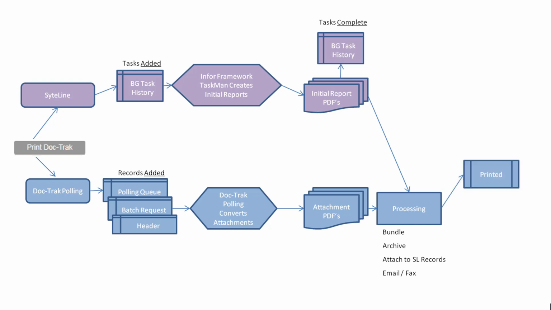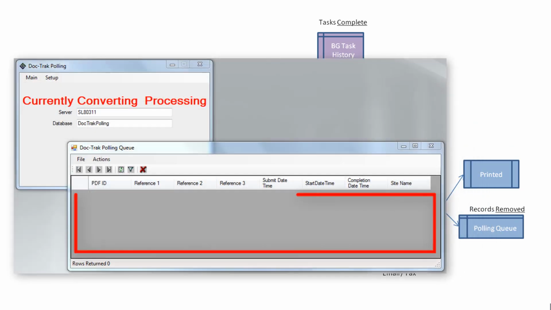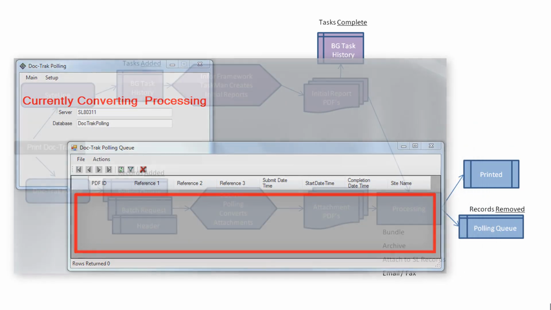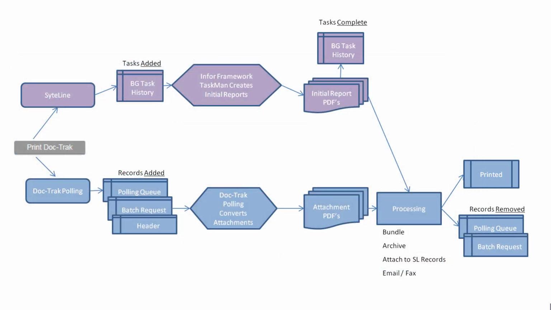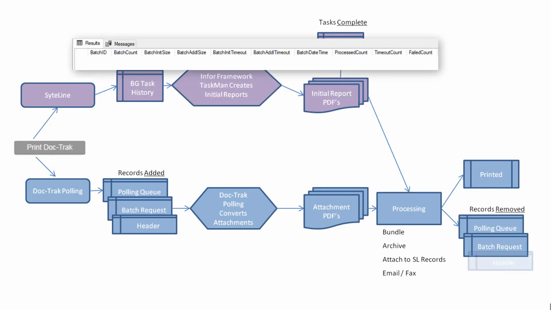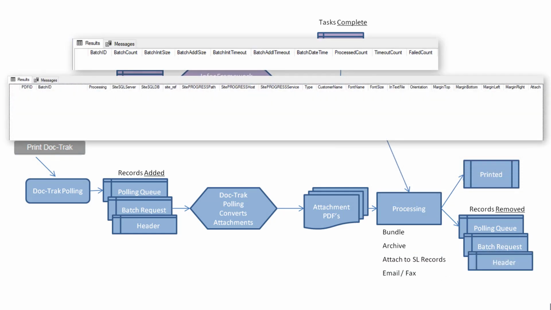At this time, the report is printed if required. Also, the polling requests are removed from the DocTrack polling queue, as well as the batch request and header tables in the DocTrack polling database.